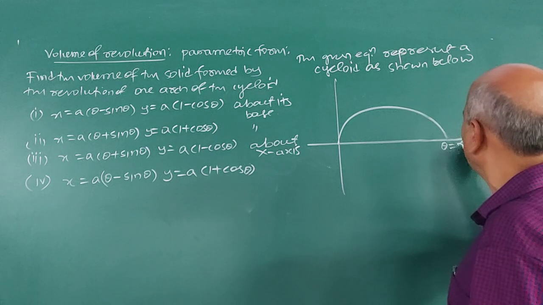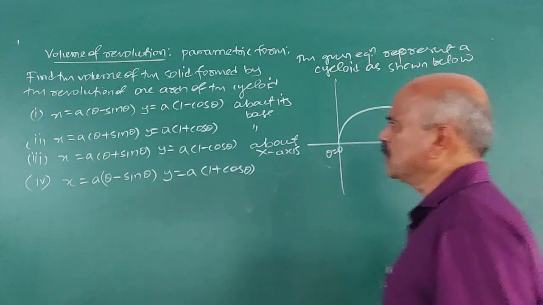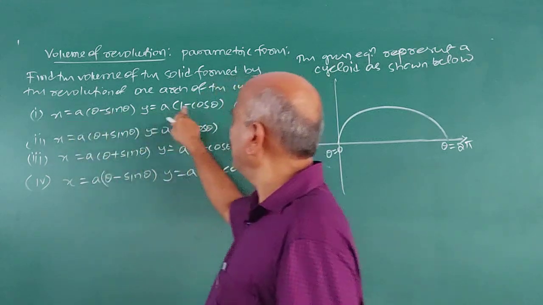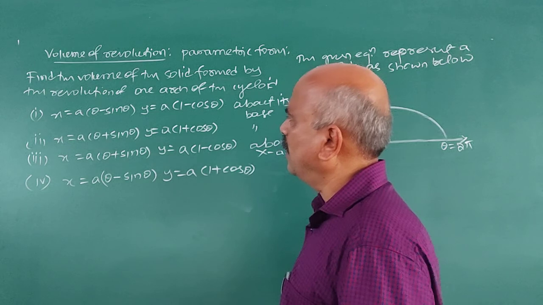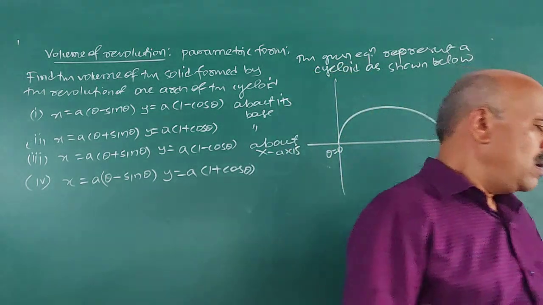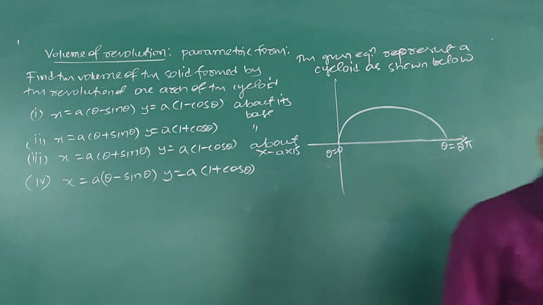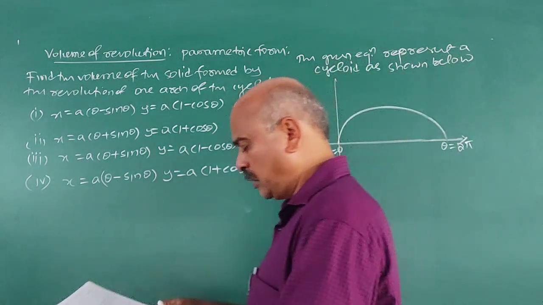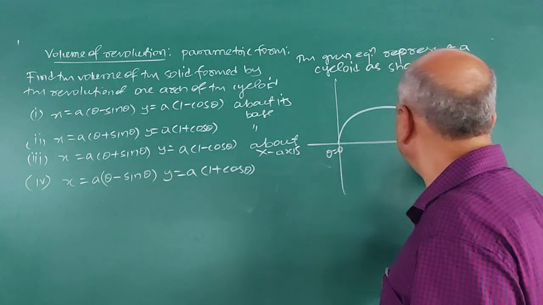We take the parameter here, theta is equal to 0 to theta is equal to 2 pi. Because theta is 0, x is 0, y is 0. Theta is pi, x is... when theta is 2 pi, we get this point. Theta is 0 and theta is 2 pi.